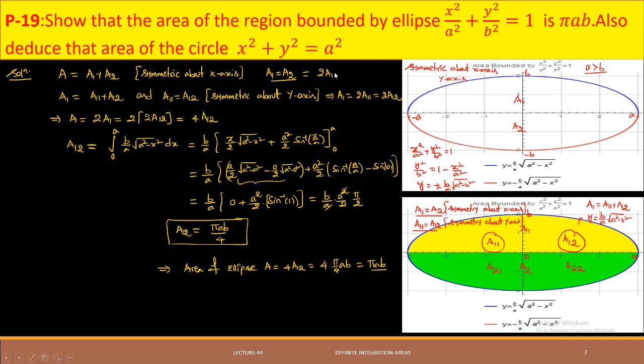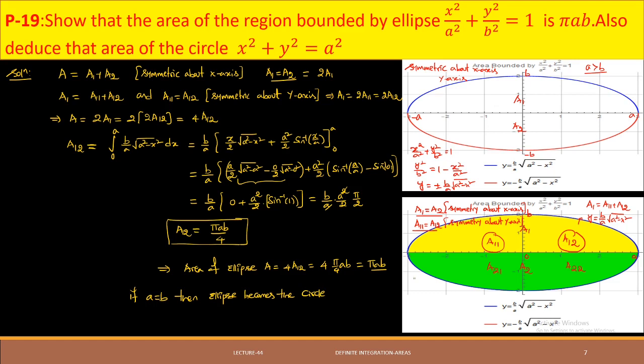Now from this we can deduce the area of the circle as well. So how do we get the circle from the ellipse? If a is equal to b, then the ellipse becomes the circle.